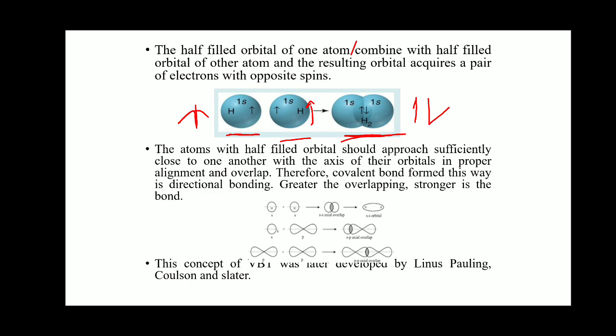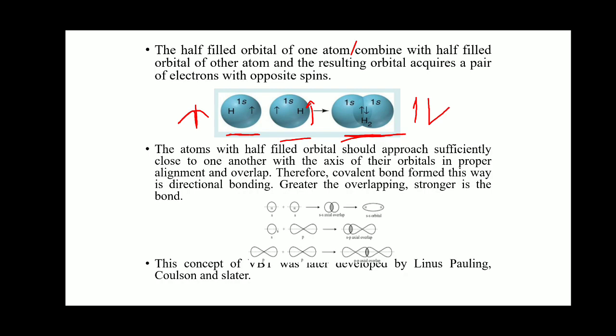Greater the overlapping, stronger is the bond. See, in this case, s-s orbitals overlap and form s-s axial overlap, forming a sigma bond. Similarly, s-p orbitals overlap and form s-p axial overlap, and p-p orbitals overlap and form p-p axial overlap.